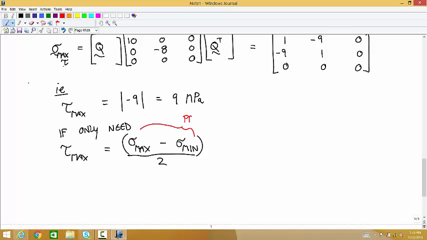So these are the principal stresses. You need to get those principal stresses before you can calculate the maximum shear.